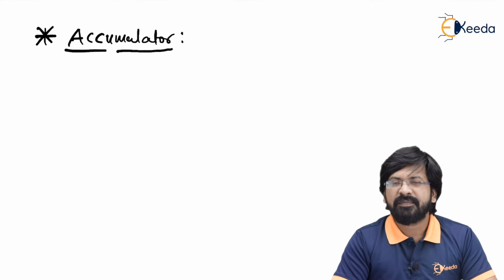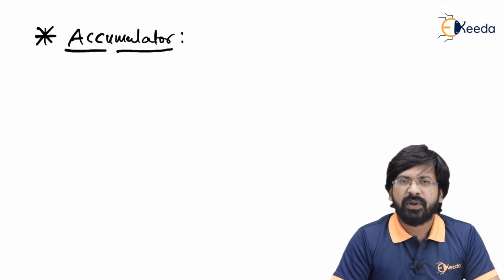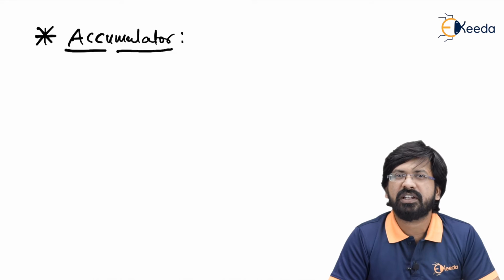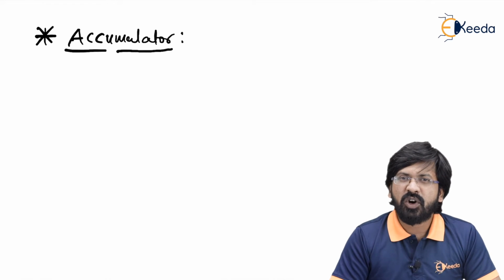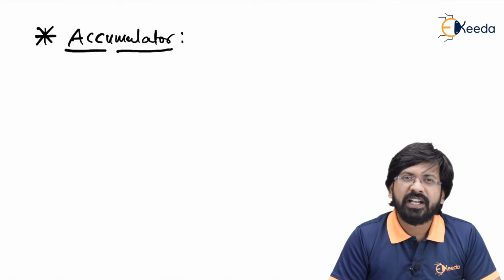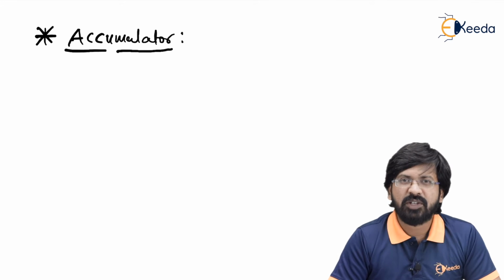Suppose you are performing addition, let's say adding two numbers, 5 and 3. Out of 5 and 3, one of the numbers should be present in the accumulator. That's the rule. Before performing any arithmetic or logical operation, one of the data should be present in the accumulator. And once the operation is performed by the ALU, whatever result you get automatically comes in the accumulator itself.